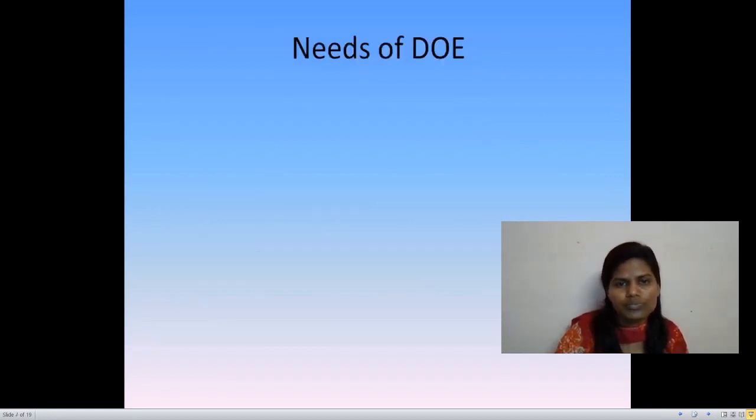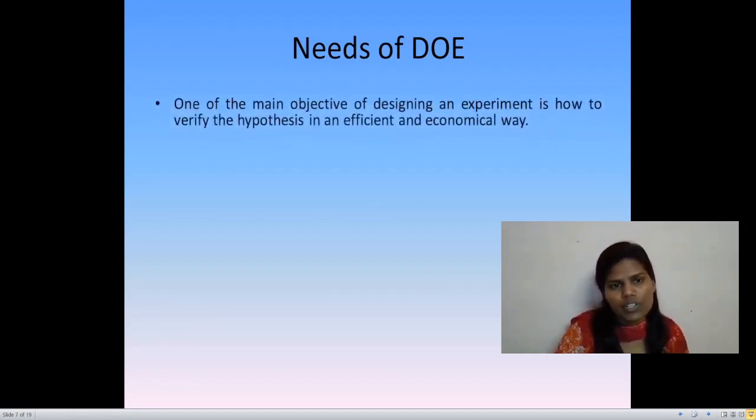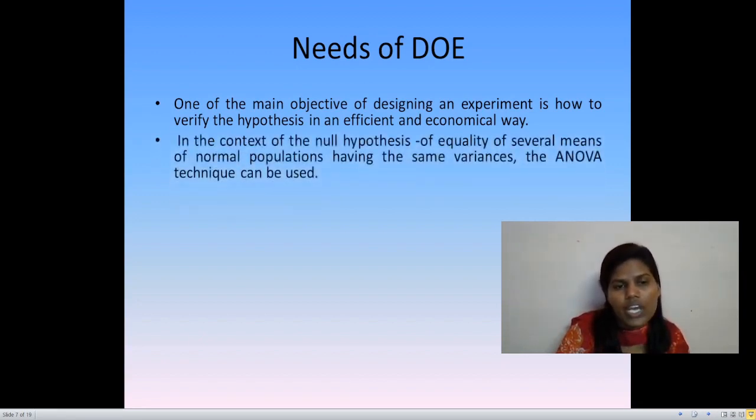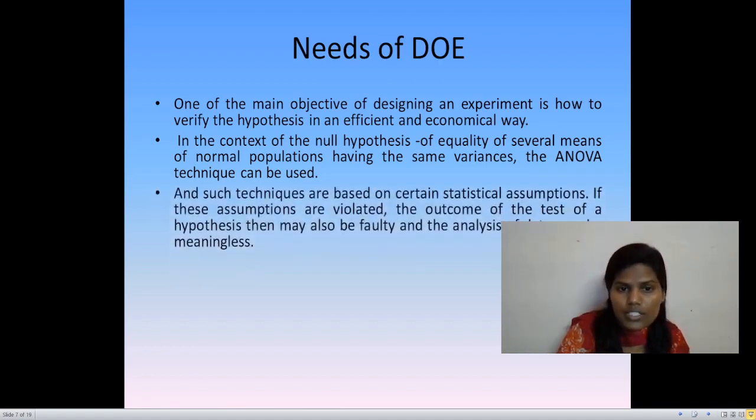Now, why we study design of experiment, that is needs of design of experiment. One of the main objective of design of experiment is how to verify the hypothesis in an efficient and economical way. In the context of the null hypothesis of the equality of several means of normal populations having the same variances, the ANOVA technique can be used, and such techniques are based on certain statistical assumptions.